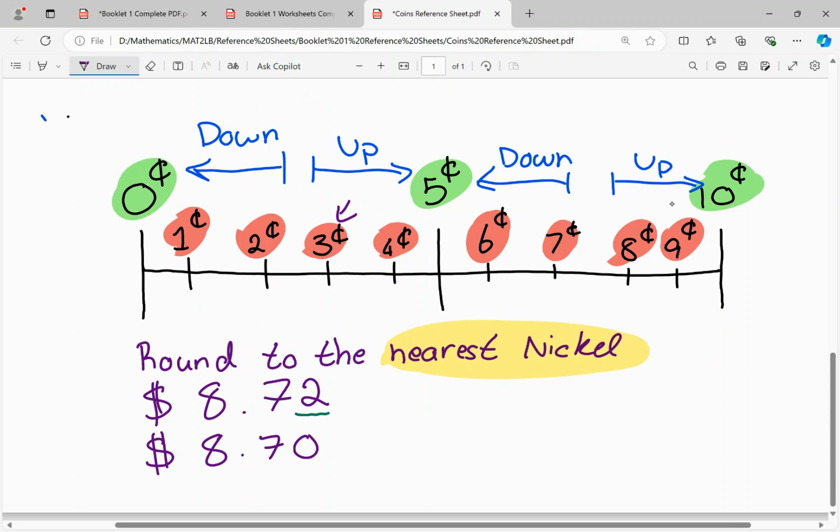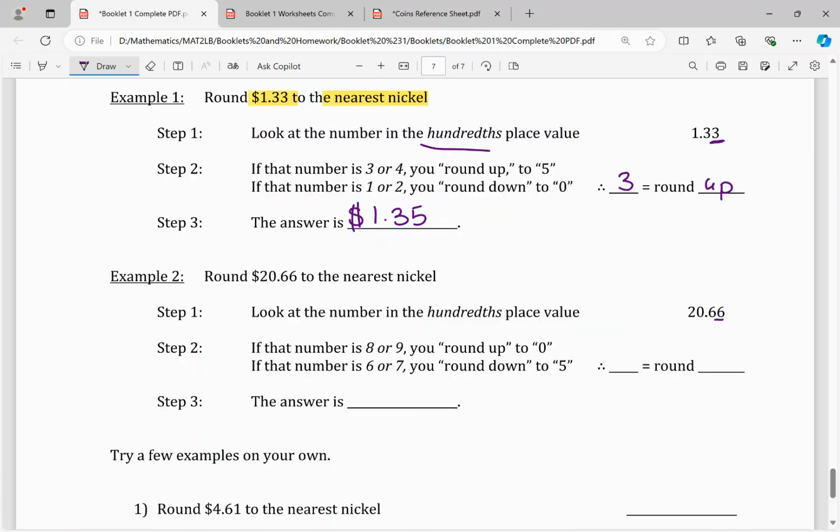If we're an 8 or a 9, I like to think that we go up to 10. Our number is a 6, so we are going to round down to 5.